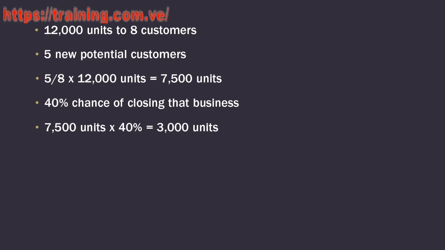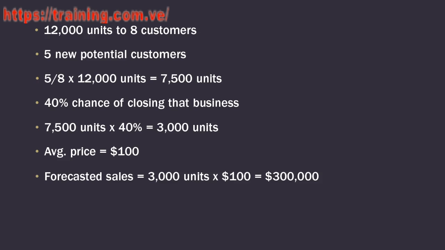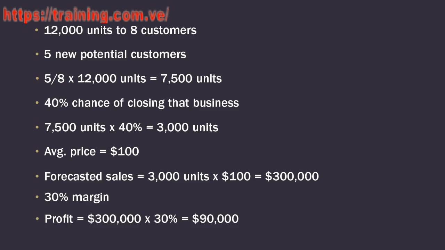You'll sell 3,000 of those units at the average selling price of $100, and that's $300,000 total sales over the 12-month period. So you then use the 30% gross margin for product A. Therefore, the $300,000 in new sales revenues will generate a $90,000 gross profit just for that product.